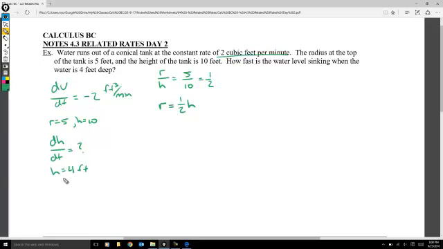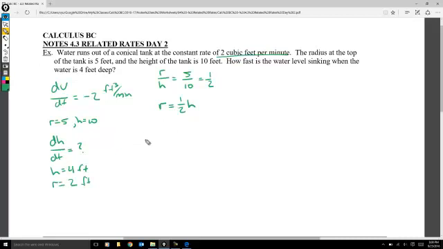So I need to know the radius of the circle that the water makes when the height is 4. They didn't tell me that, but I can find out very easily. When I plug in 4, I know that my radius is going to be 2 because the ratio between the radius and the height is always constant. So at this specific point in time, I know that my height is 4 and my radius is 2 feet.